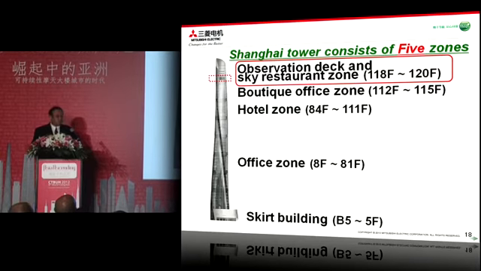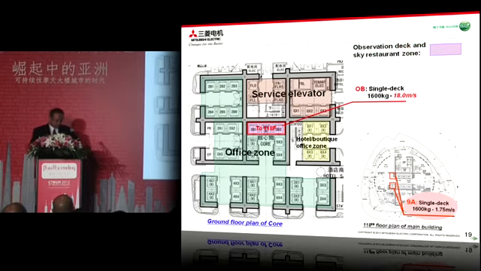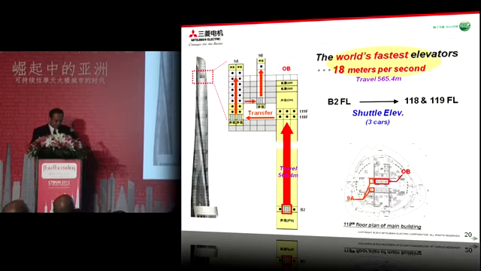Next is the observation deck and sky restaurant zone, located from the 118th floor to the 120th floor. 3 cars of the OB lift take passengers to the 118th floor, which is located at the center of the main building, as you can see in this slide. This is the vertical transportation method up to the observation deck.